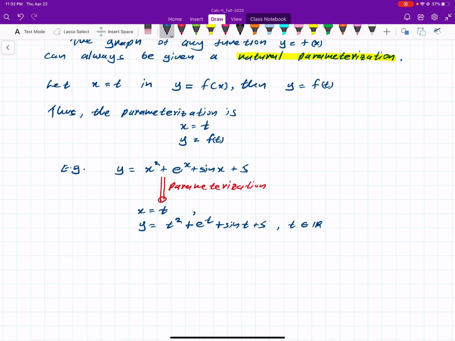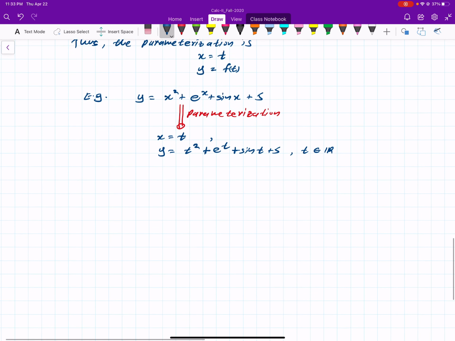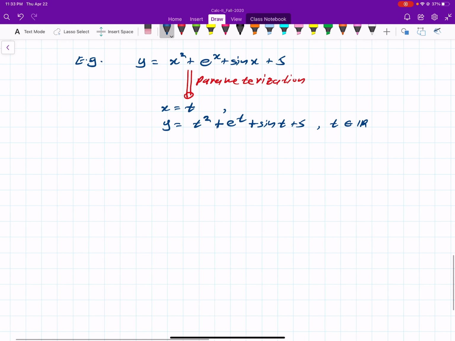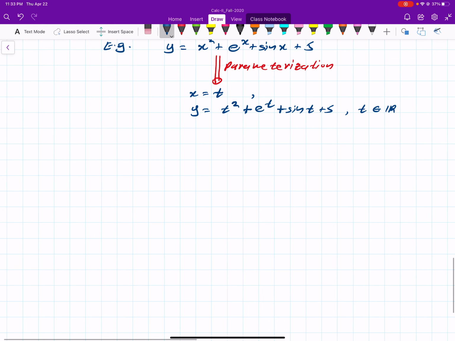All right, let's move to example number 3. Example number 3 is a little bit hard. Let me write the example and then I will explain how to solve it.